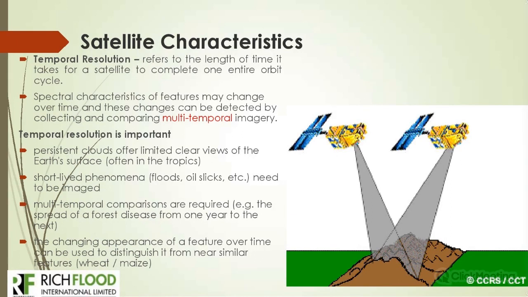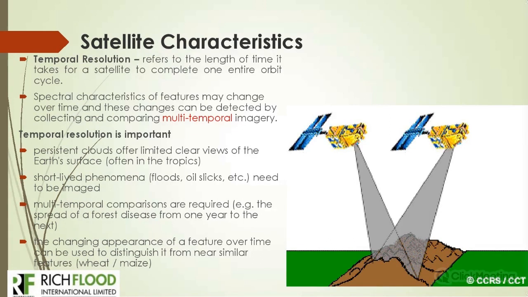The temporal resolution is also important in that it can help you to assess persistent cloud cover, which is limited to a particular area. Considering that the cloud cover changes with the weather within a particular area, the temporal resolution, whereby the satellite system revolves around that particular location at different times, will be very important.